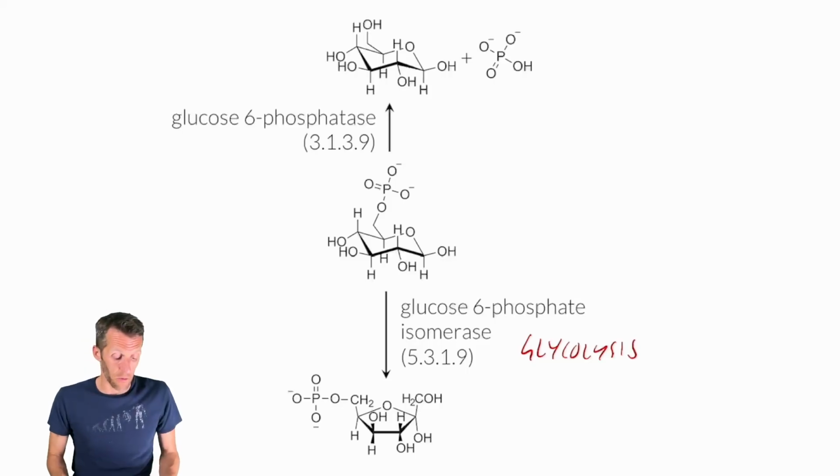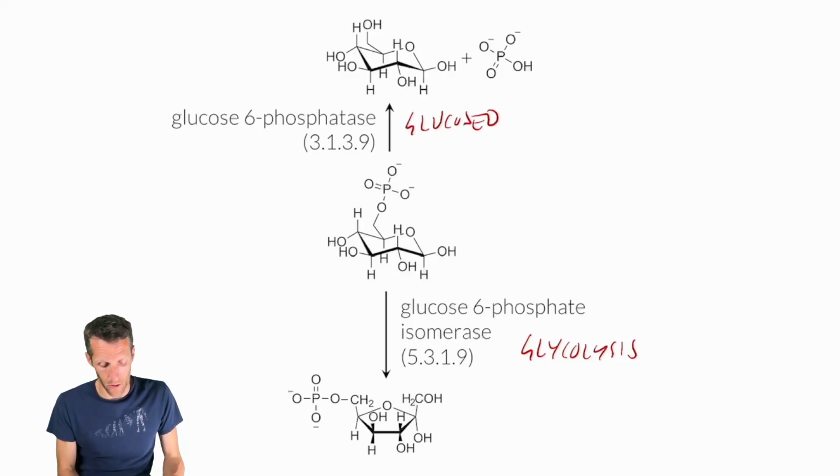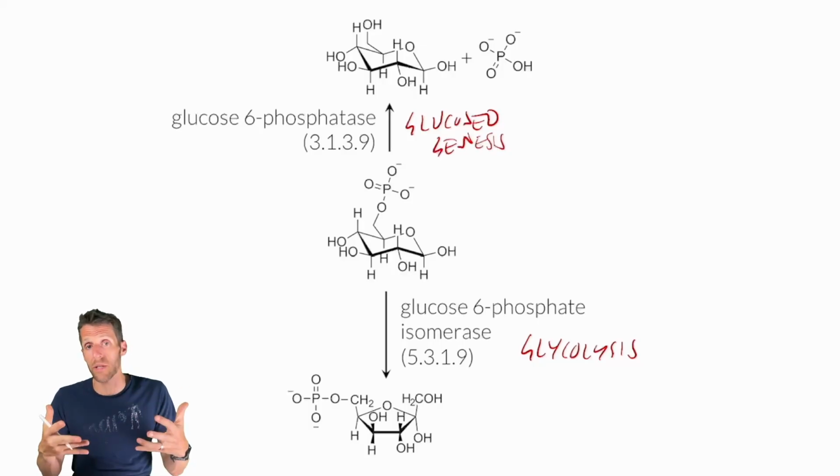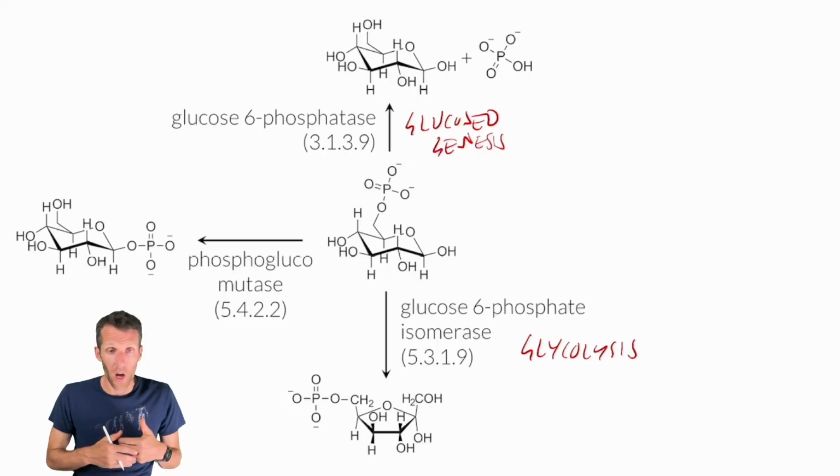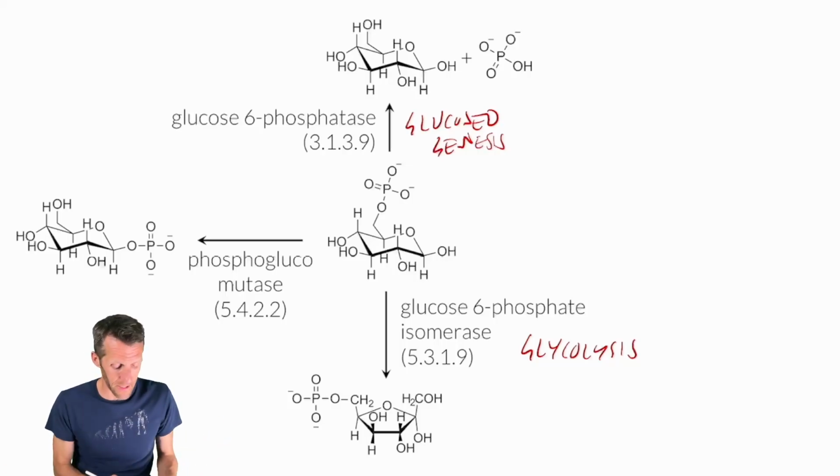It can lose a phosphate, so there can be hydrolysis of this phosphate off. This is going to actually gluconeogenesis, right? So it can lose that phosphate. It can be converted into glucose 1-phosphate, and this is on the way to glycogenesis.